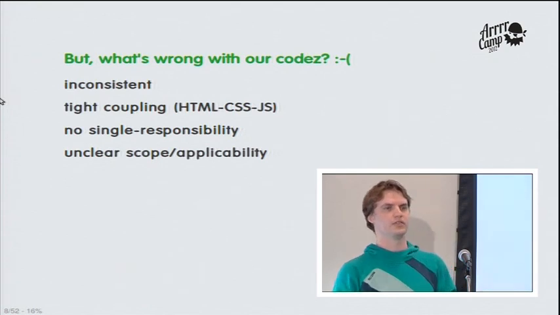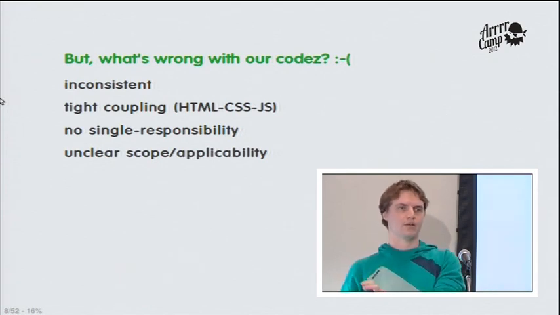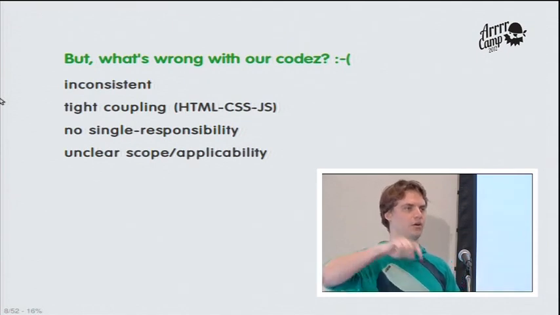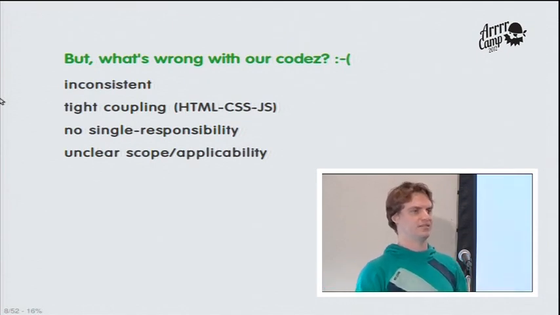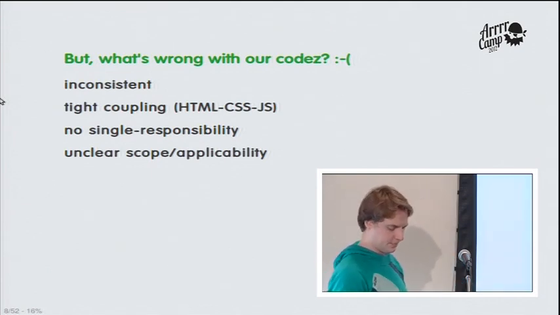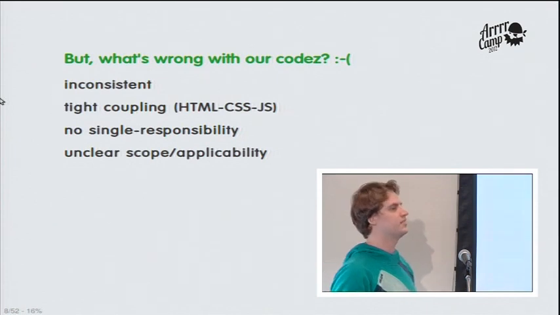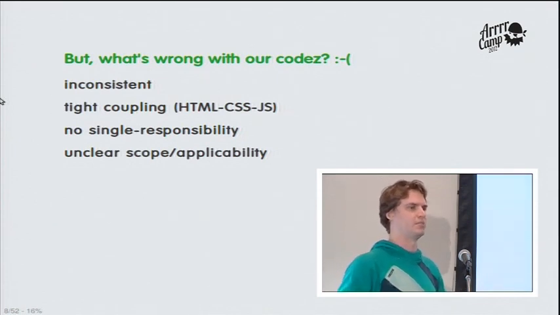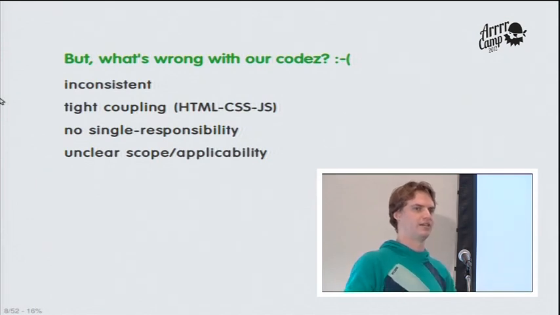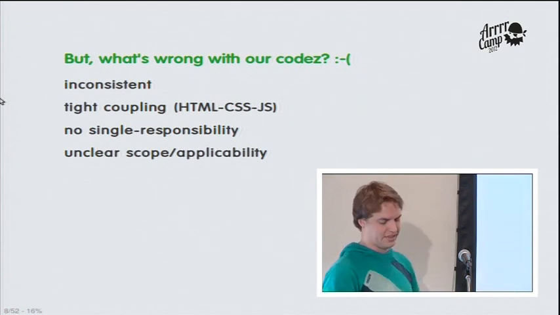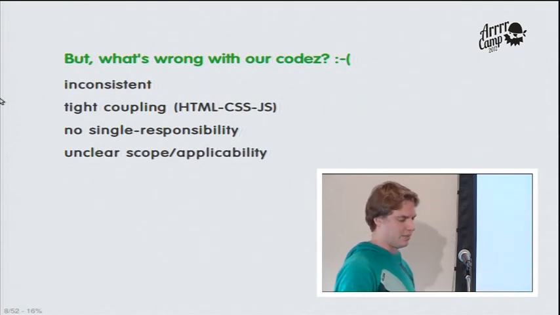Or in the other direction, if something looks a certain way or behaves a certain way in the front end, finding the code that actually does that is by no means clear. So these are the basic problems that I see why front-end code sucks, and why I sometimes have a little bit of back-end envy. They have all their nice conventions and test-driven development and stuff like that, and we don't really have that. But yeah, we should do something about it.